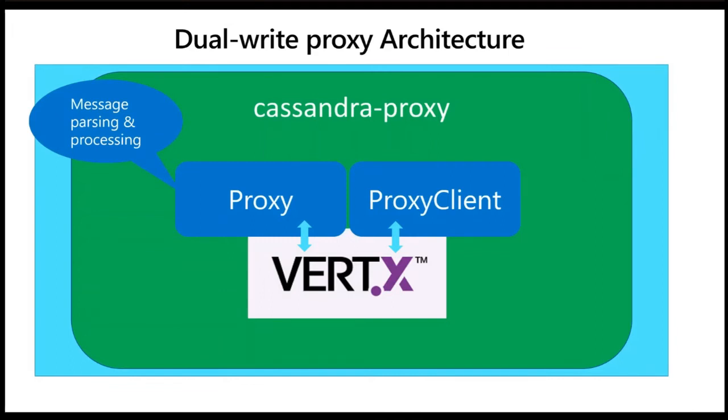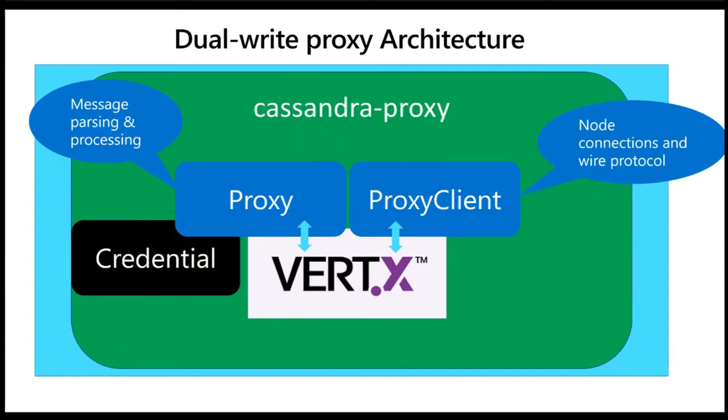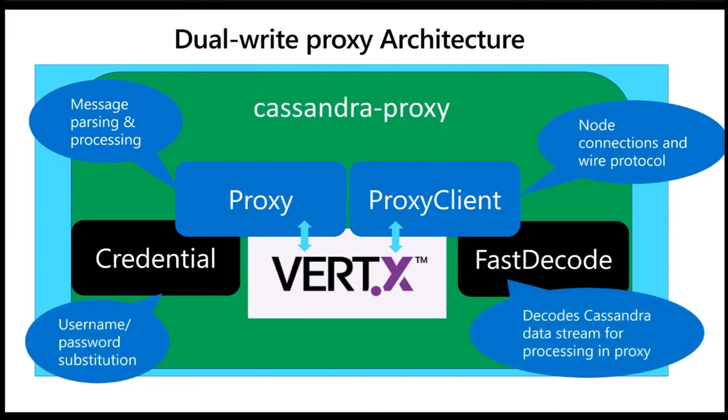The proxy is responsible for message parsing and processing, and the proxy client will handle the node connections themselves and the wire protocol, including upgrading and downgrading where necessary. And there's also some utilities for handling credentials and decoding the Cassandra data stream for processing in the proxy.